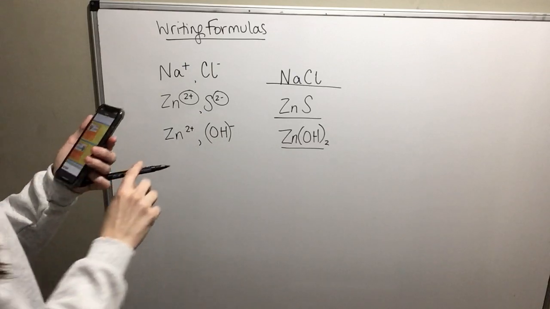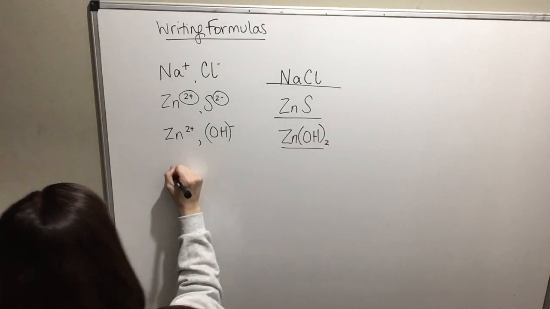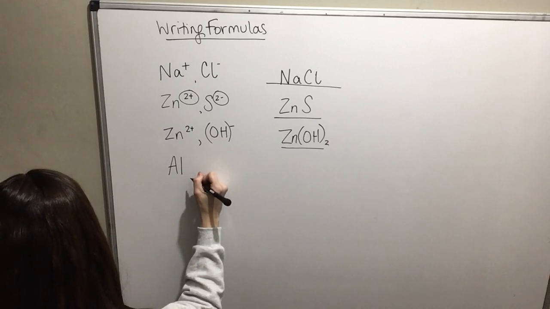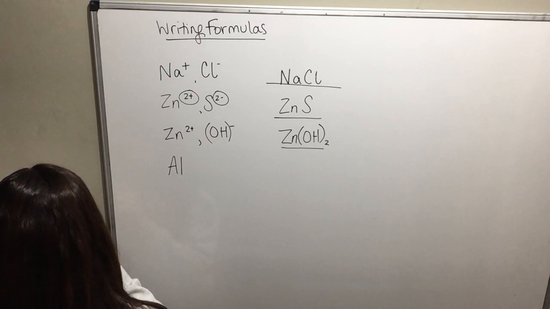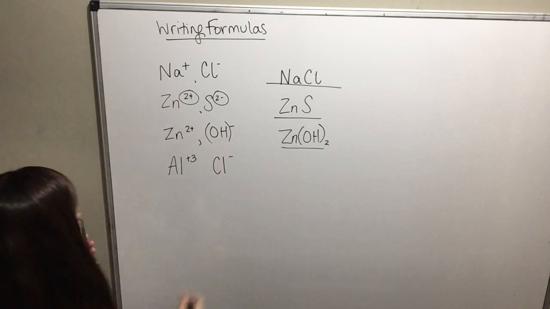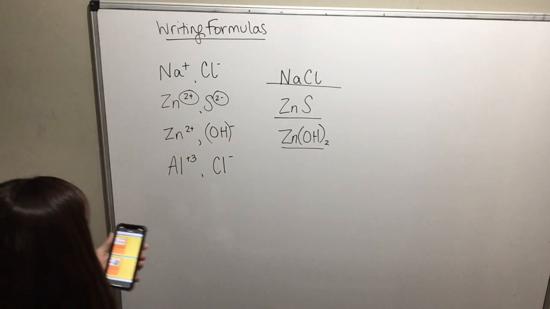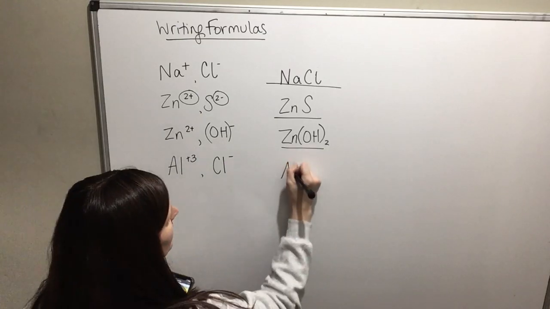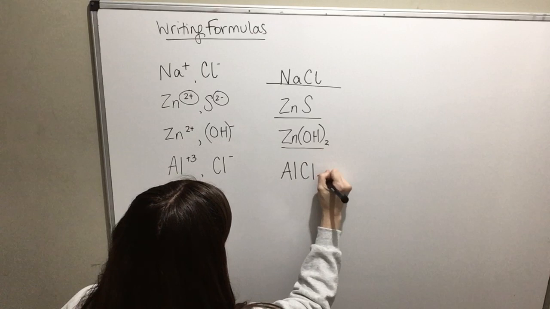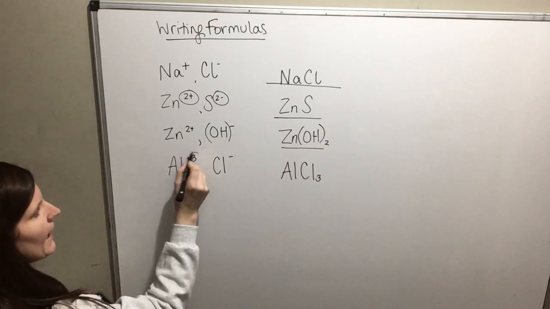All right. Next is going to be aluminum, which is +3, and chlorine, which is a minus. So we're going to have AlCl3. Why?